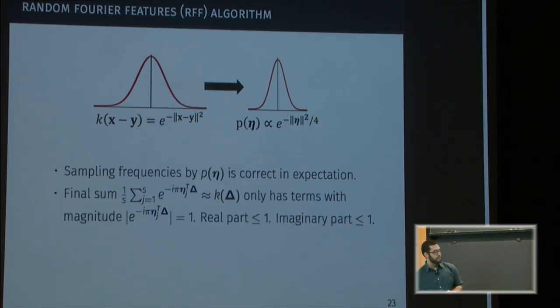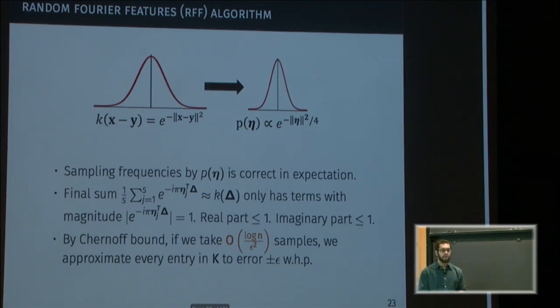OK, so the analysis in the original paper is really simple. I'm approximating that integral with a finite sum, and I want to see how well I approximated all of my kernel dot products. All of the values in that finite sum have magnitude equal to 1, because they're complex exponentials. So they have real part less than 1 and imaginary part less than 1.